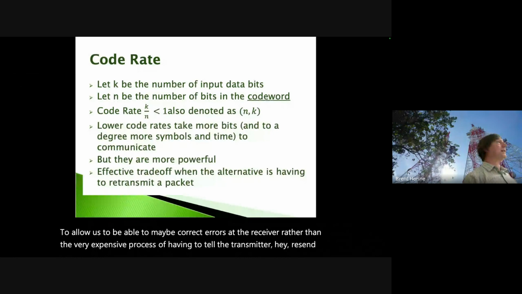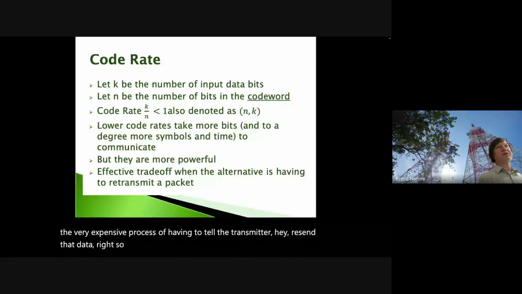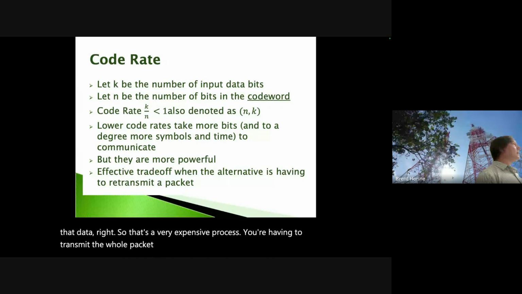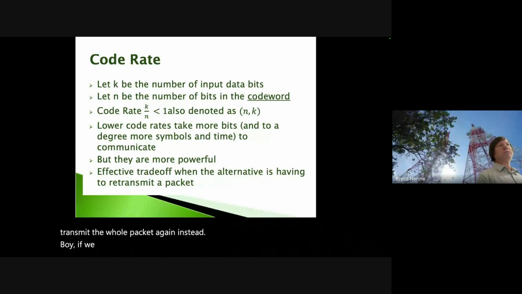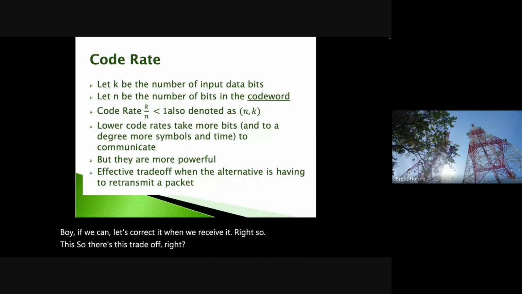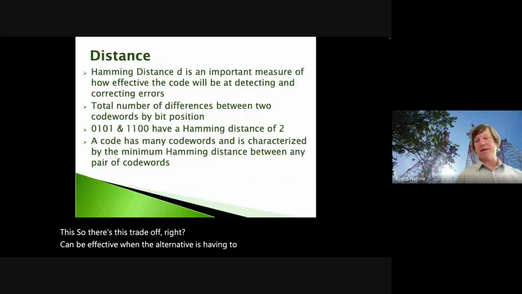You're having to transmit the whole packet again. Instead, let's correct it when we receive it. So there's this trade-off, but it can be effective when the alternative is having to retransmit a packet itself.